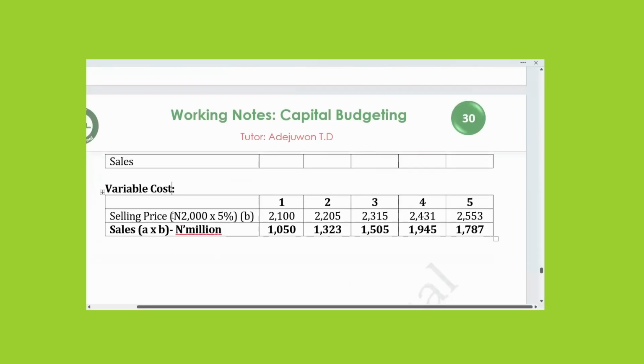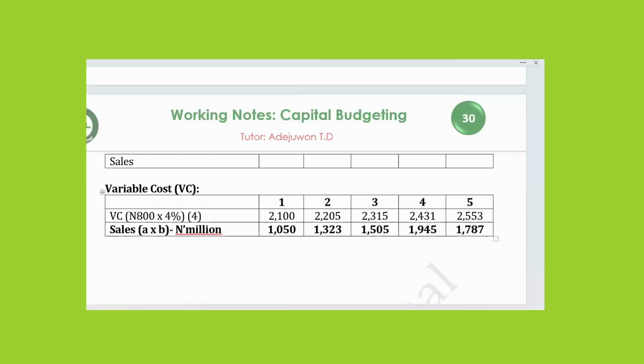So according to the question, we are given a variable cost, VC, of 800 naira. Now, inflation rate is 4%. Therefore, 1.04 multiplied by 800.